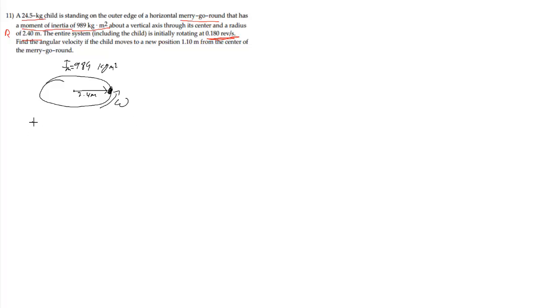We know that if it is 0.18 revolutions per second, times 1 revolution is 2 pi radians, then multiplying 0.18 times 2 pi will give us about 1.13 radians per second for our omega. So this omega is 1.13 radians per second.